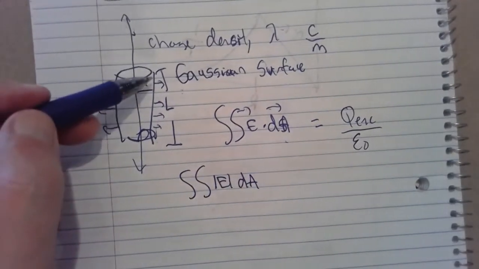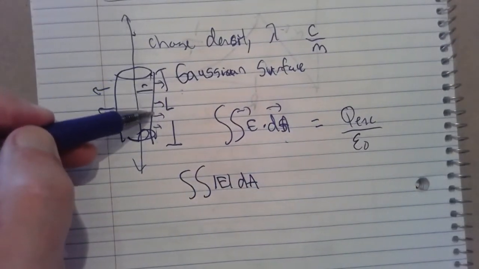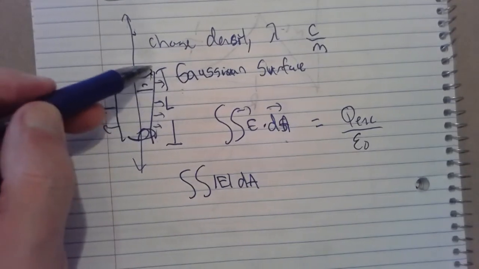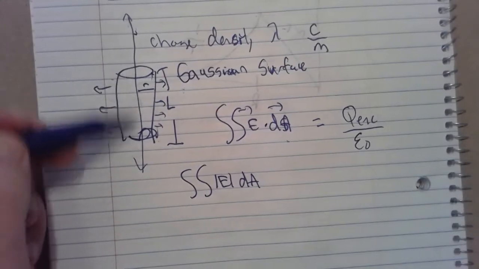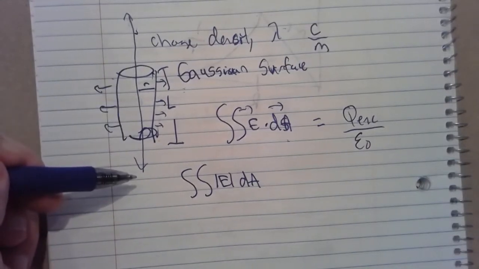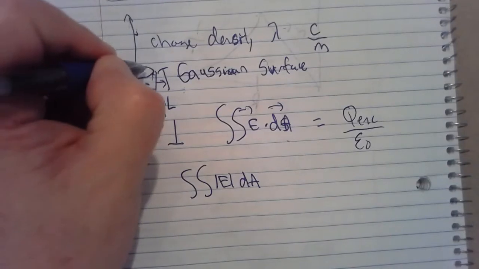And we said E must be constant along this entire boundary of the cylinder. Not on the top and bottom, but I'm not worried about that. In fact, we should point this out.